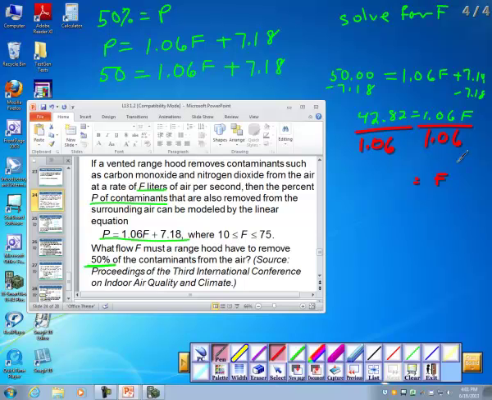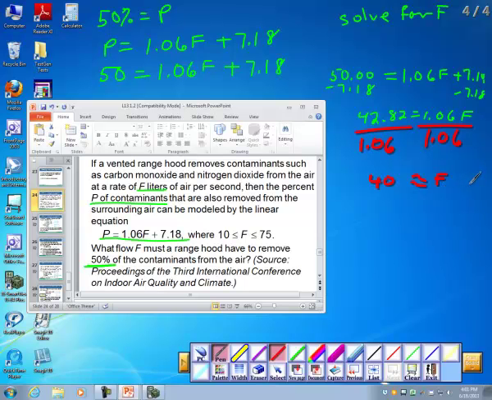F equals what? Travis? 40.39. Okay, 40, yeah, 0.39, 62, and it goes on, right. So they went ahead and just rounded it off to just 40. Okay? All right.